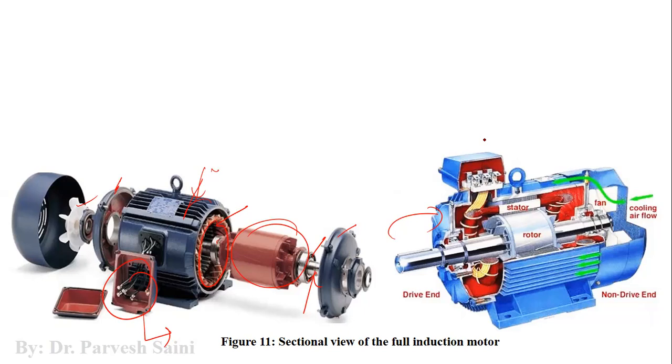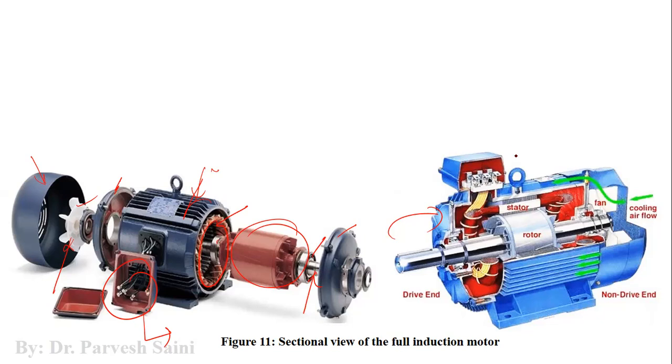So apart from the rotor and stator, we have some other parts of the induction motor, like the enclosure and this fan. The fan is used to exhaust the heat. It removes the heat generated within the motor, takes it out of the motor and keeps the motor cool.